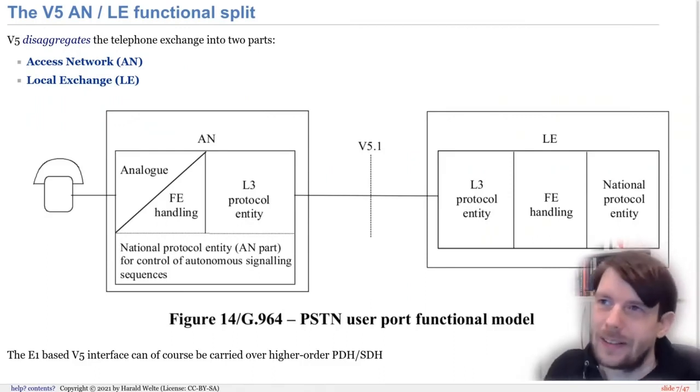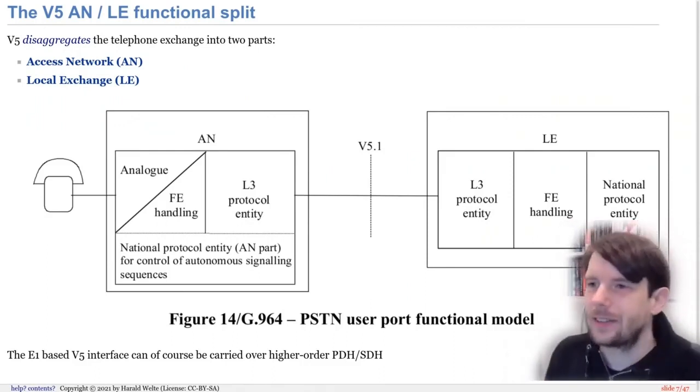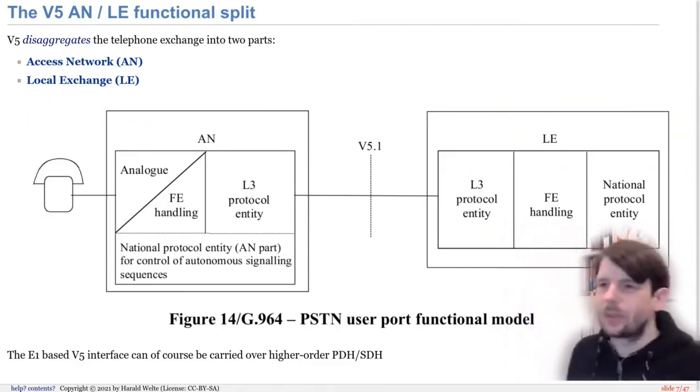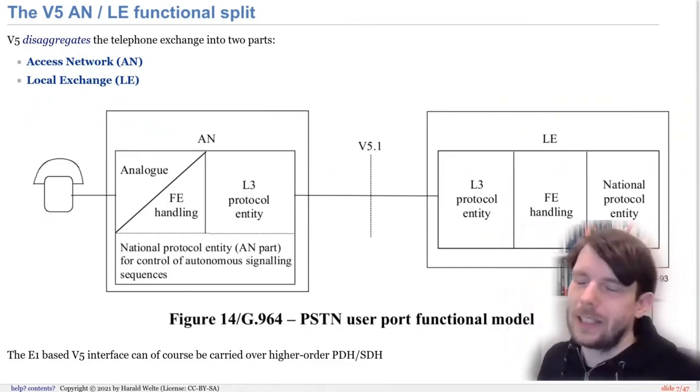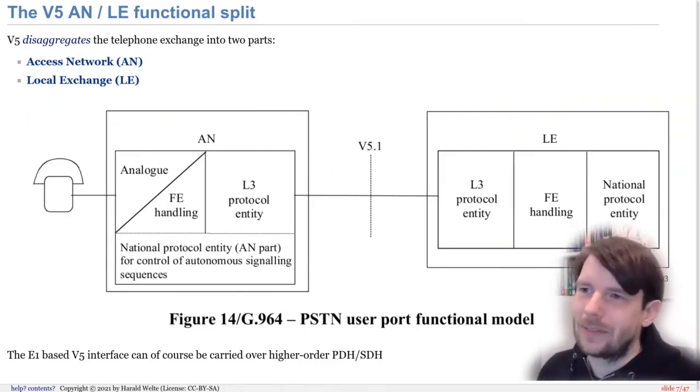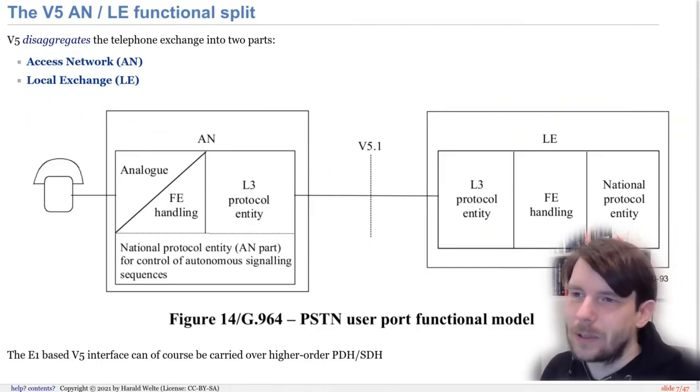And since E1 is part of the PDH system, this doesn't actually need to be a dedicated line, but you could also transport that over a PDH or SDH transport network, like a metropolitan area network or something that might exist, interconnecting those two. So it doesn't have to be physical dedicated E1 lines going between those two network elements here.